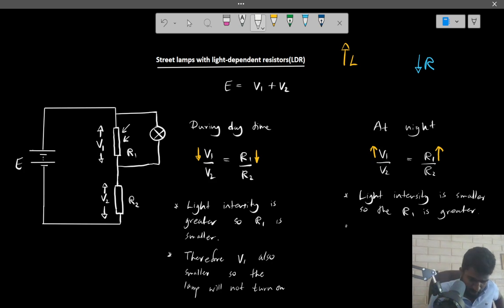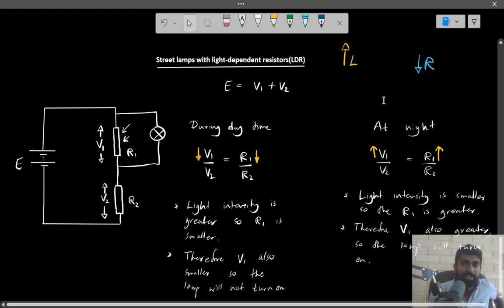Then you get, therefore V1 also greater, so the lamp will turn on. Okay, that's how we use thermistors, LDRs for street lamps, to design street lamp circuits.